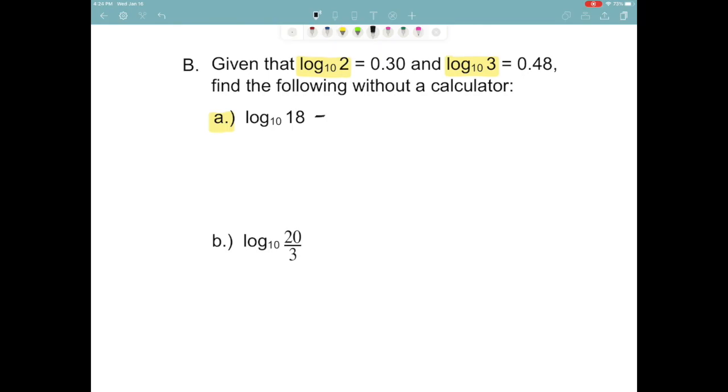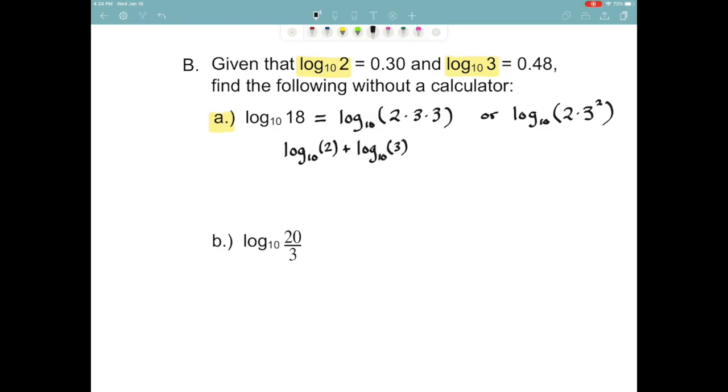If we look at log base 10 of 18, this could be rewritten as log base 10 of 2 times 3 times 3, or some people may even choose to do log base 10 of 2 times 3 squared. Both of those would be just fine.